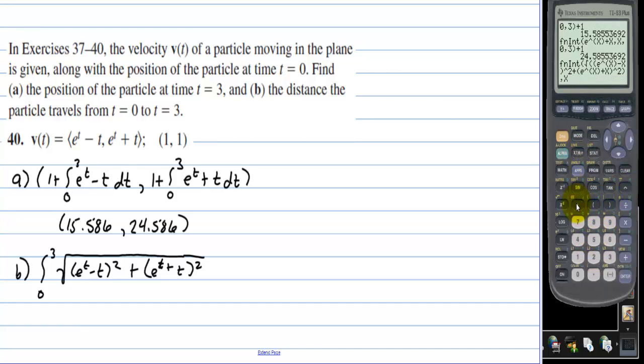And we have comma t comma 0 to 3. And we get 27.791. So that's equal to 27.791.